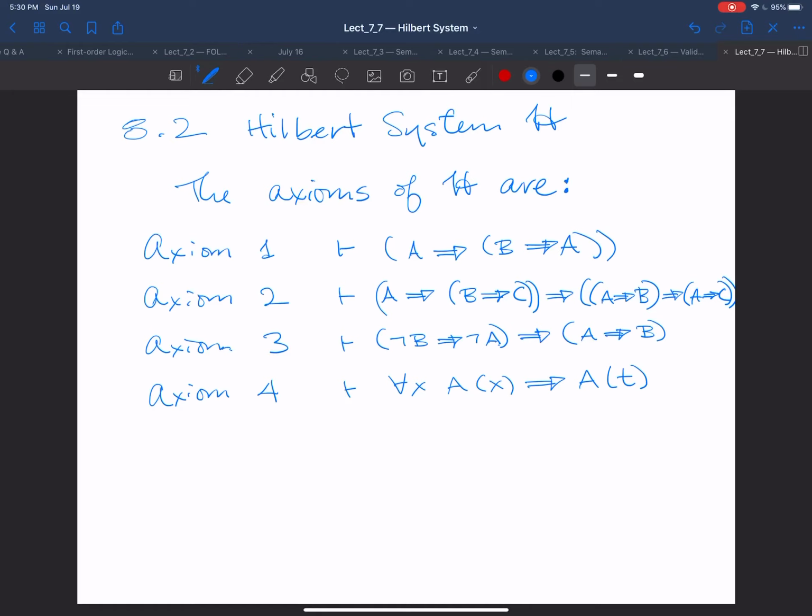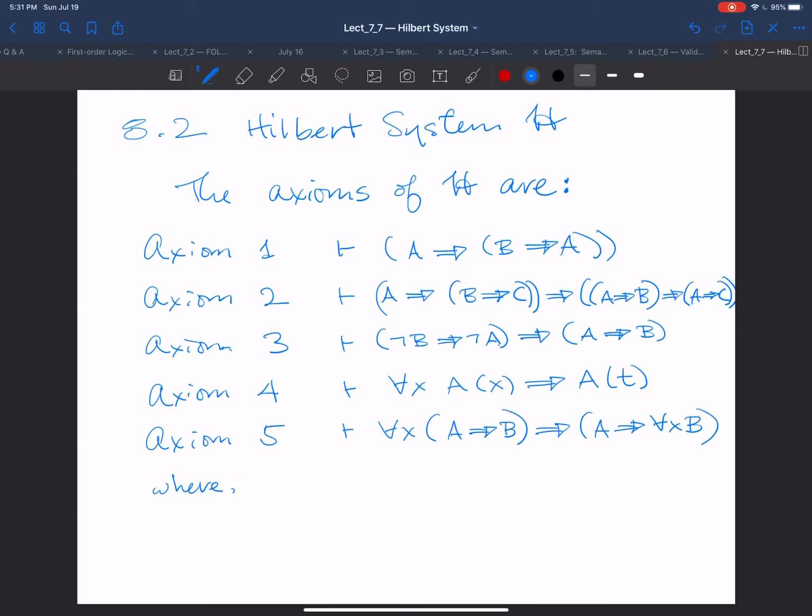You can't just substitute any term t for the free occurrences of x in A. Similarly, there's a condition attached to this last axiom schema, axiom 5. This says that for all x, (A implies B) implies (A implies for all x B). So here we're assuming that x does not occur free in A.